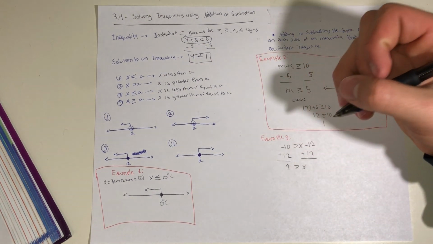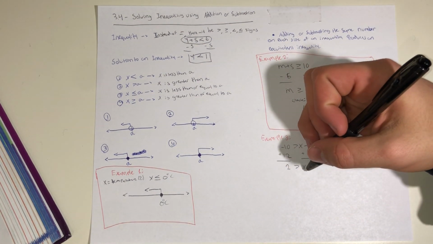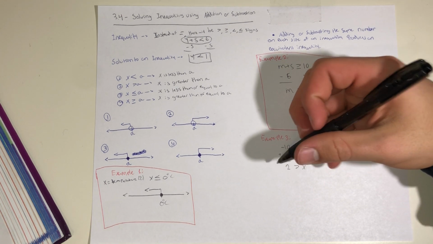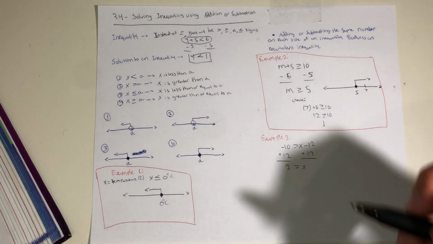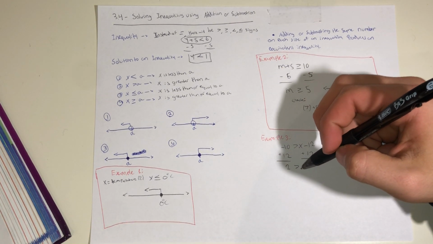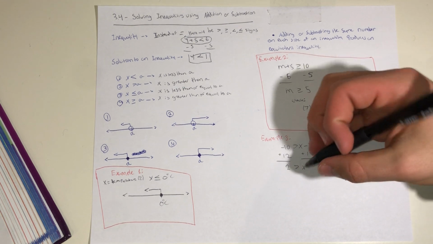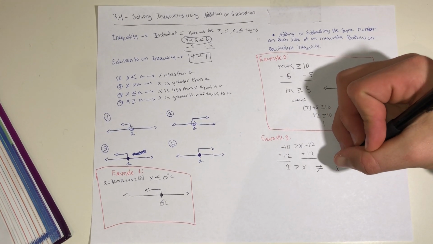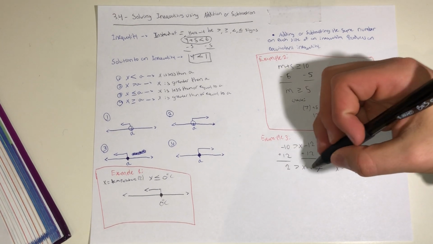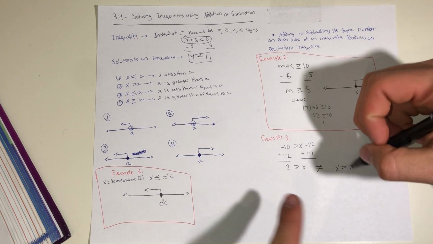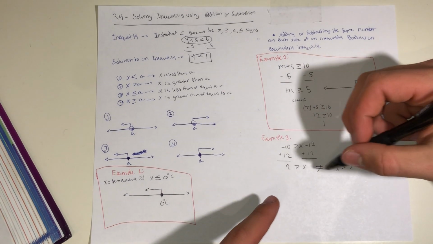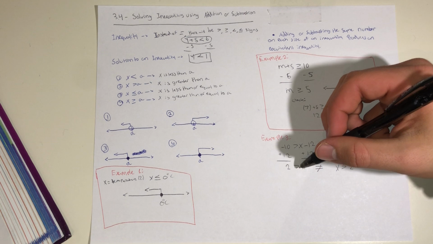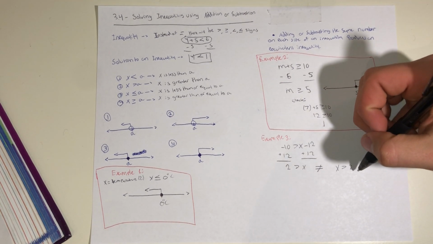So remember how I said that we like to have the variable on the other side of the equation? In this case, if we want to put it here, this does not equal x is greater than 2, because we can't just switch the sides without switching the sign, because if 2 is greater than x, x is not going to be greater than 2.